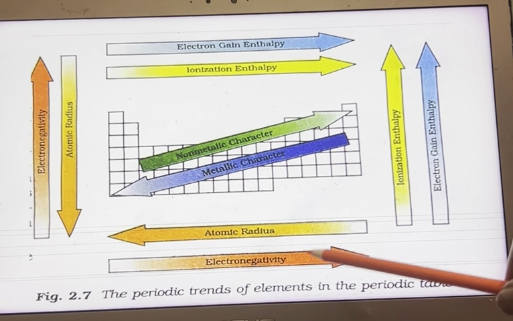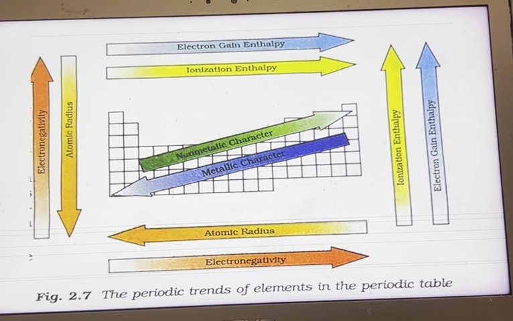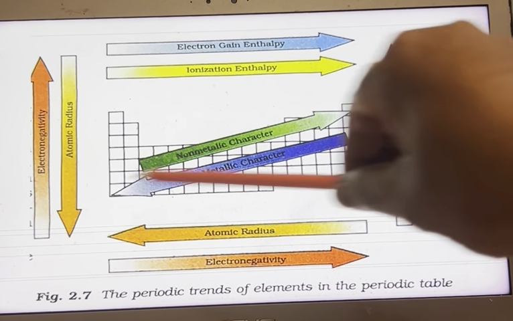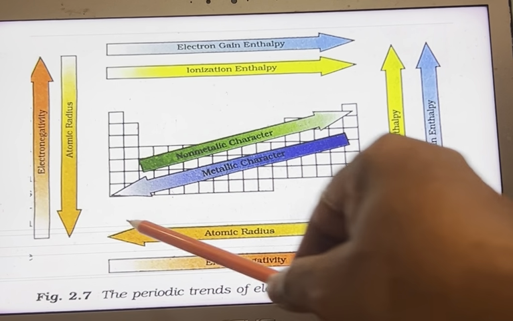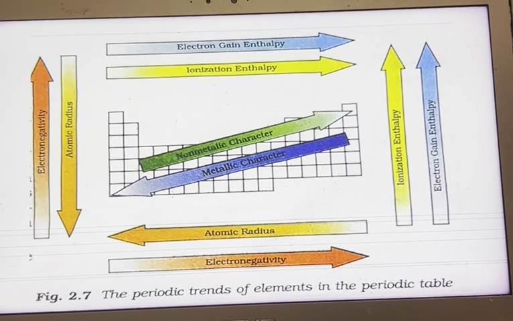But the reverse trend is atomic radius. These three are opposite to the atomic radius. Atomic radius decreases as you move from left to right, whereas ionization energy, electron gain enthalpy and electronegativity all increase.